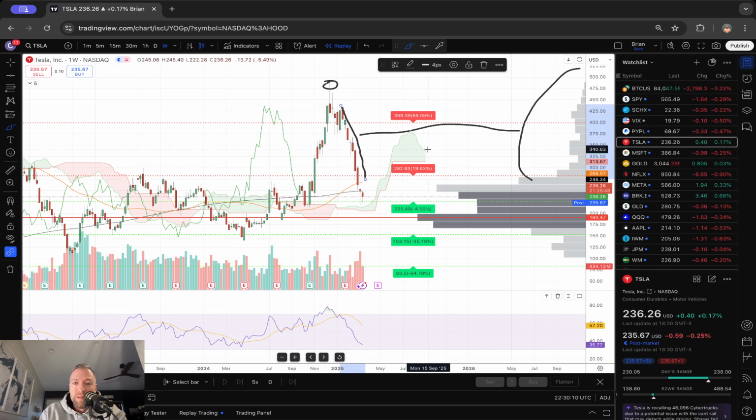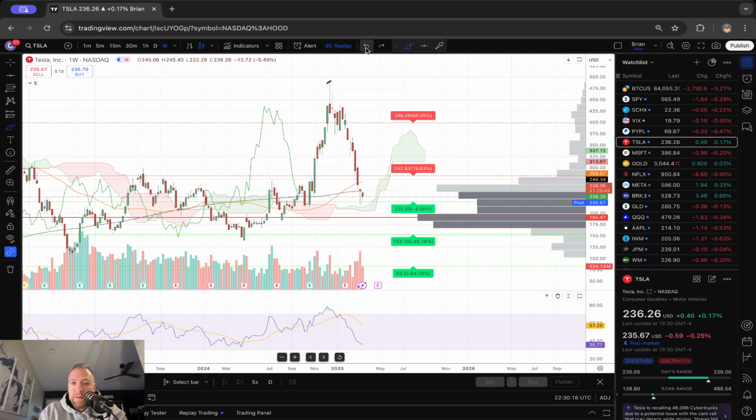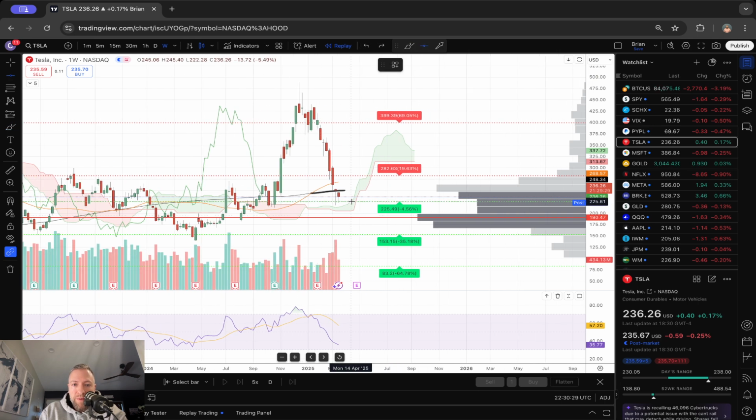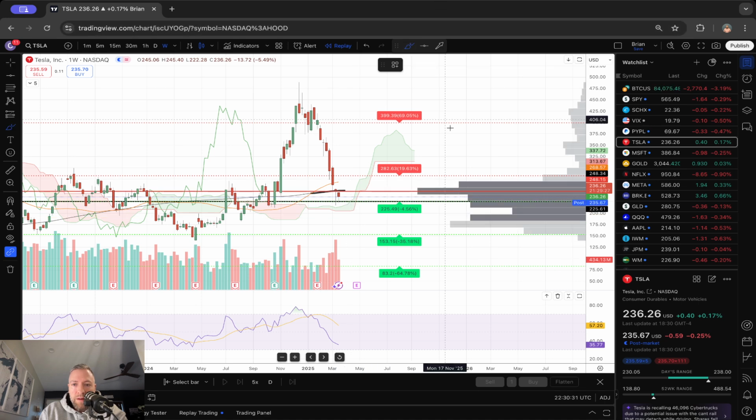Within a few months, a $44 drop is pretty significant. So we had that massive drop. We broke the 200-day moving average, which is right here. It got caught by the next support level of 225. This 225 area, and of course, once again, we have a lot of volume profile.